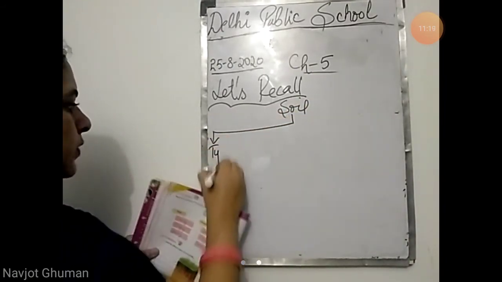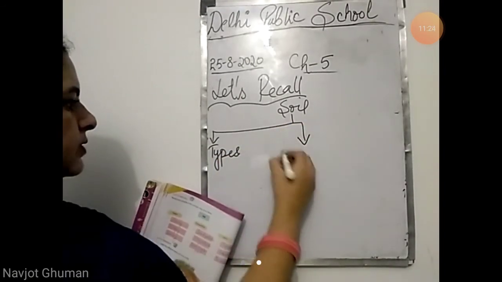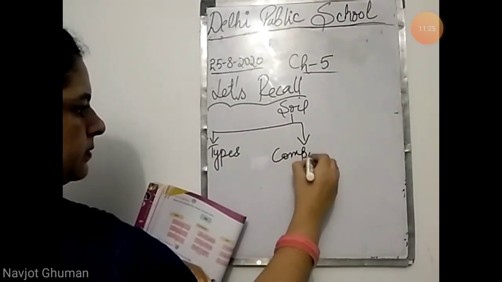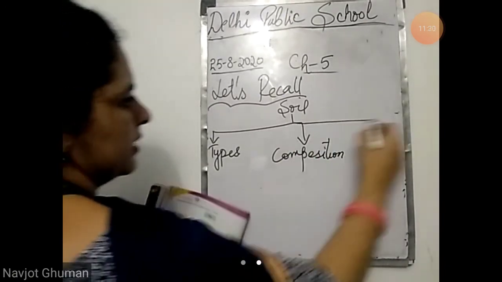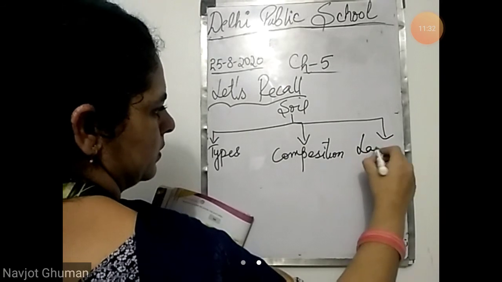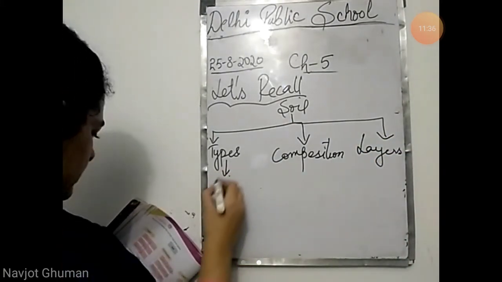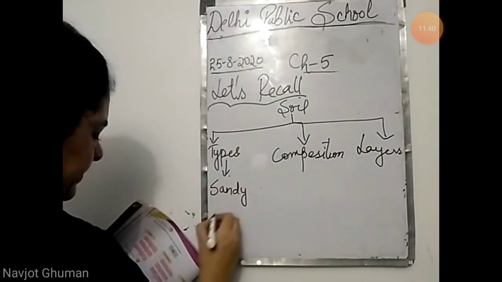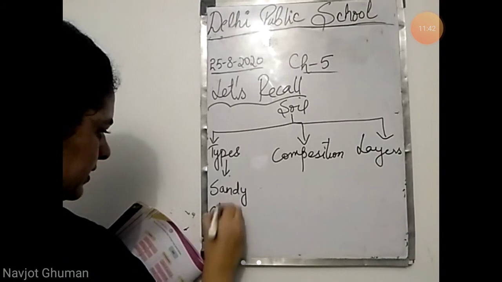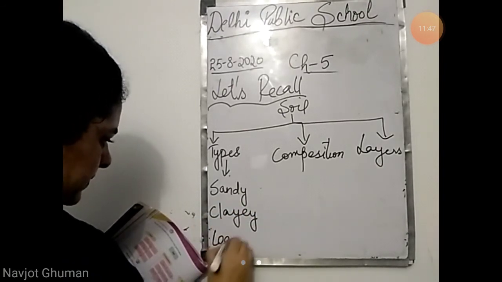First we have to write types of soil, then composition, and then layers of the soil. Types of soil we know: sandy, clay, and loamy.